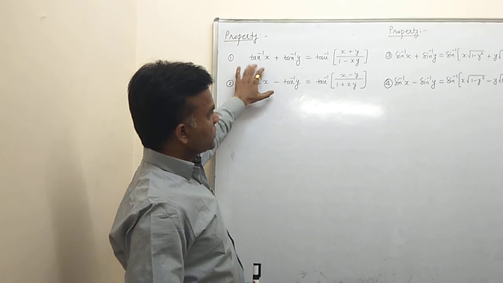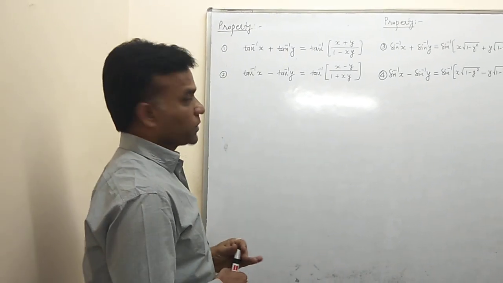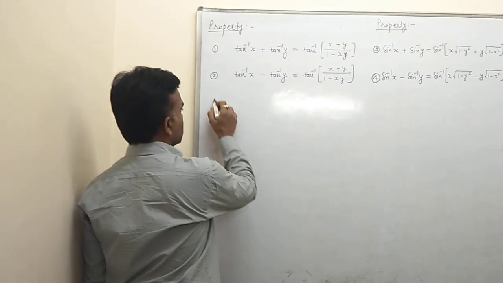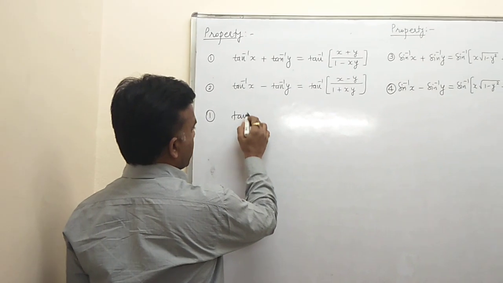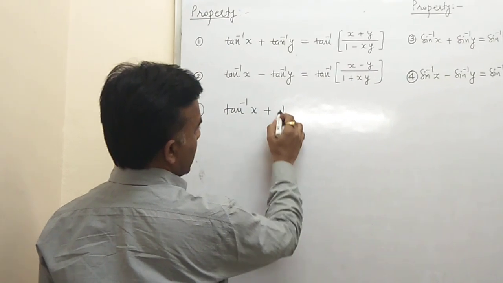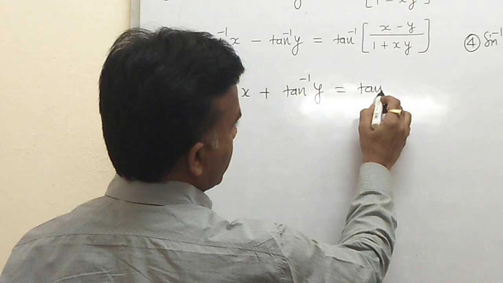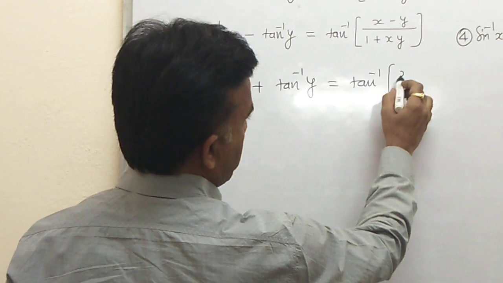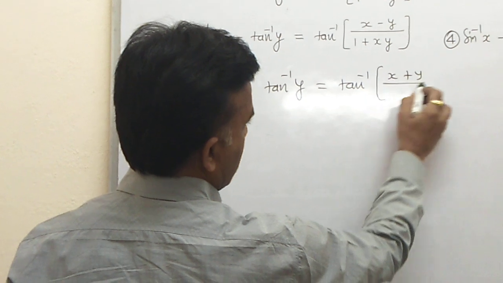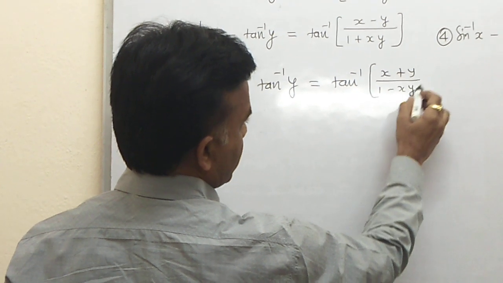Now let us prove the first formula: tan inverse x plus tan inverse y equals tan inverse of (x plus y) upon (1 minus xy).